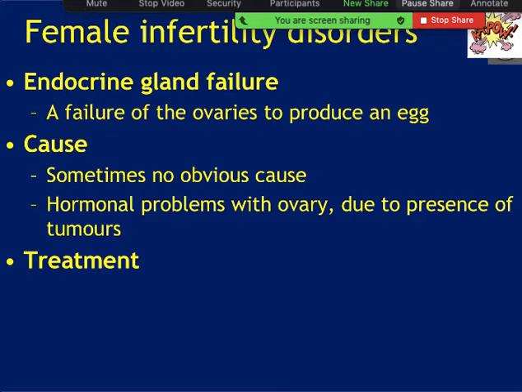So what do you think your treatment might be? Surgery to get the tumours out. Yeah, that's one, definitely. Anything else?